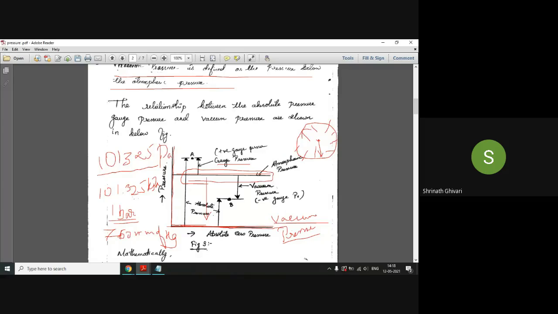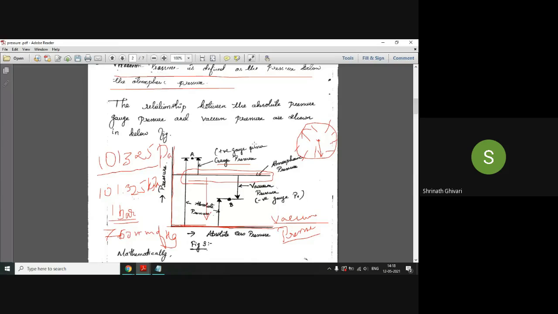Okay, in your tire, whenever you fill air, will it be above atmospheric or below atmospheric? Above atmospheric. Otherwise, if it is equal to atmospheric pressure, it means that your tire is flattened, your tire is punctured.